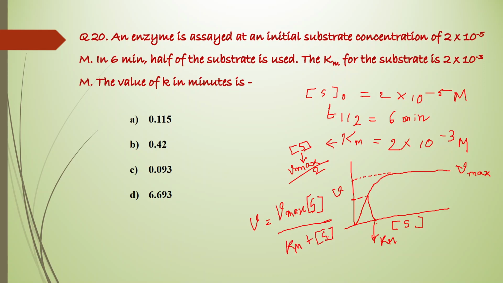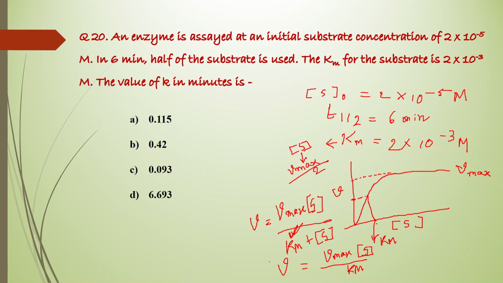If our substrate concentration is very less compared to Km, then we can just ignore S in the denominator. Km is very large, so our equation becomes something like this: V equals Vmax times S over Km. Because S is very small, adding a very small value to a large value can be ignored in general.